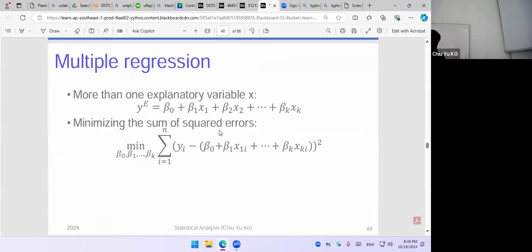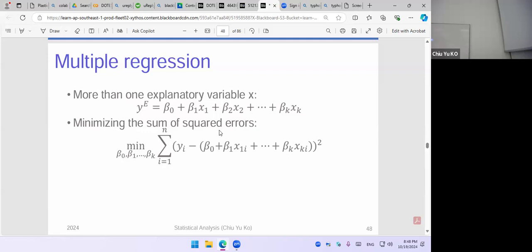The idea is the following. You want to explain y by many variables. Here we have k variables, x1, x2, up to xk. Again, we want to minimize the vertical distance. There's nothing new there.